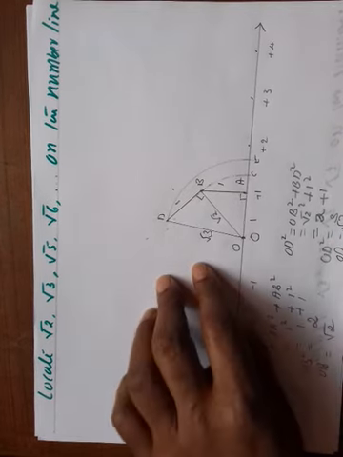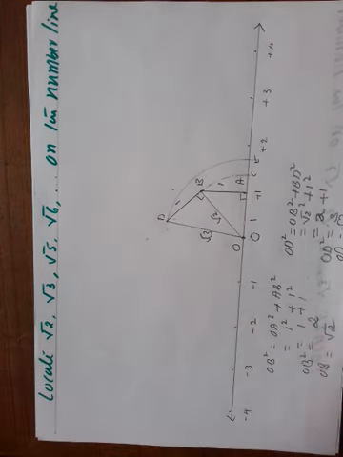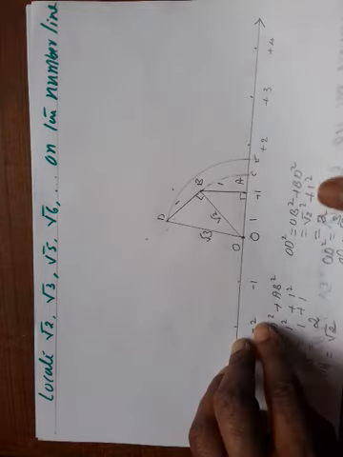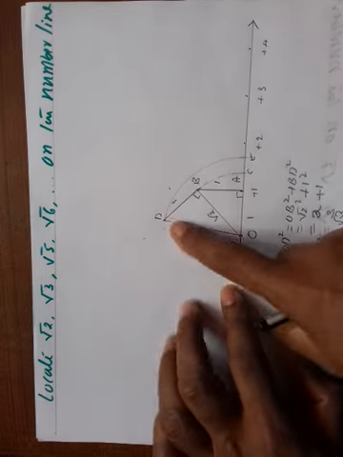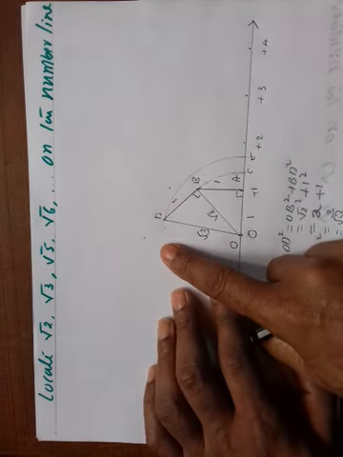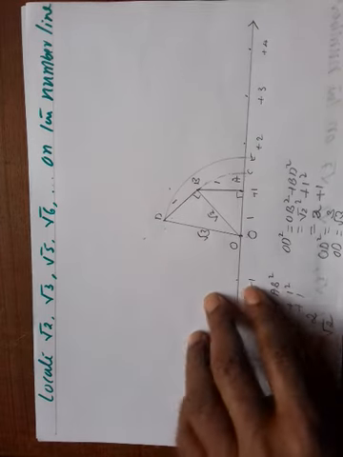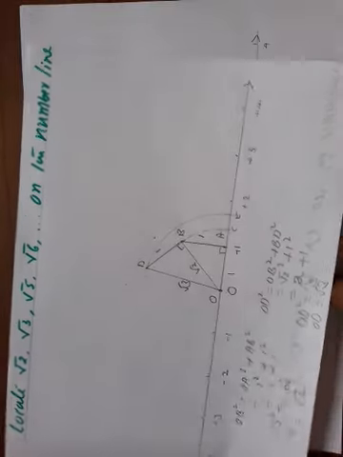So you can continue the process. Even root 5 can be drawn directly.